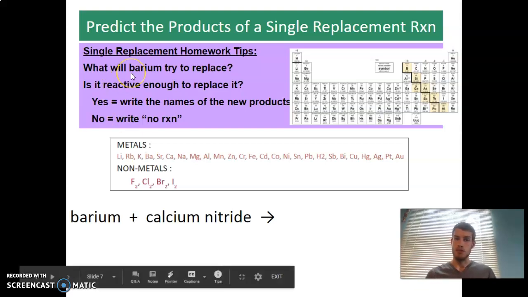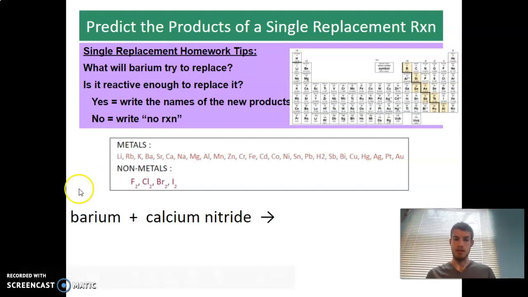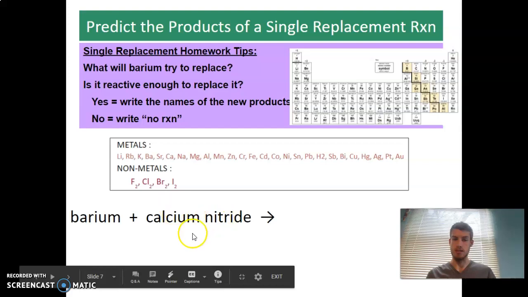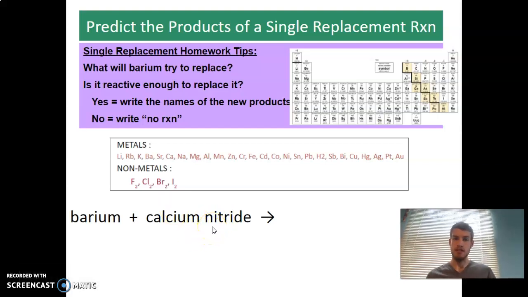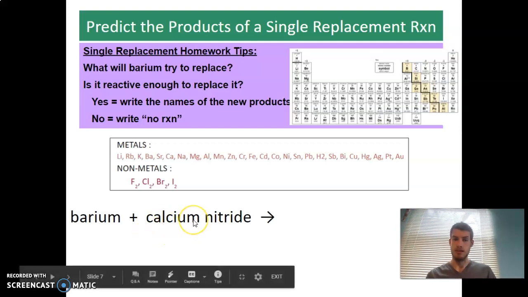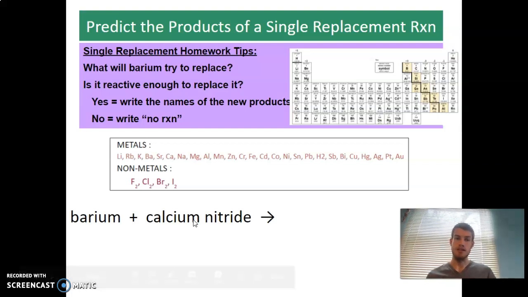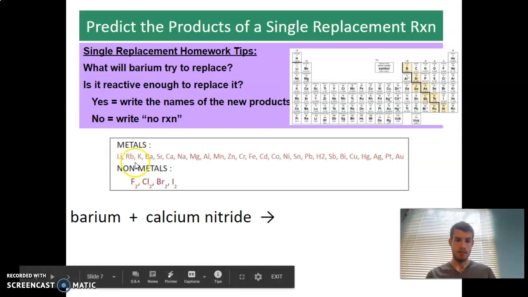So first, we always ask ourselves, what is this single barium trying to replace in the compound? Since barium itself is a metal, it's going to try to replace the metal, which is calcium. So barium is trying to replace calcium, and now we just need to look at our activity series and see which is more reactive.